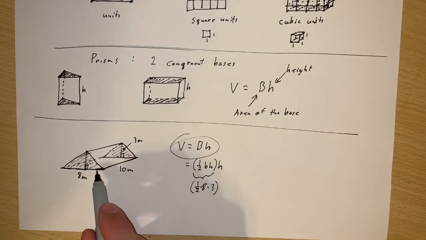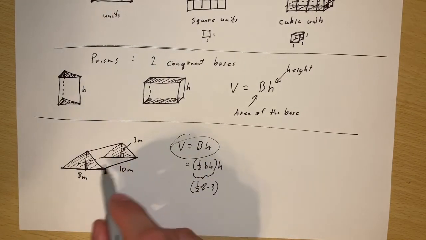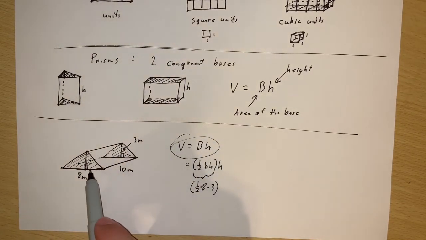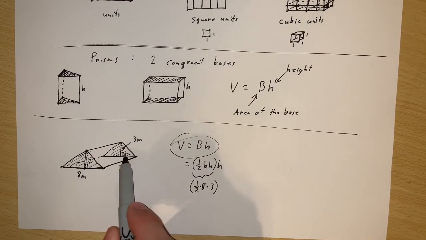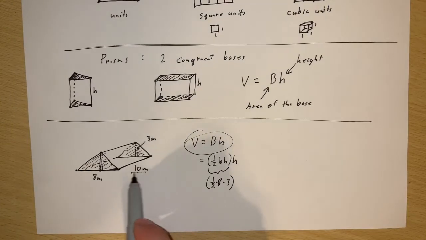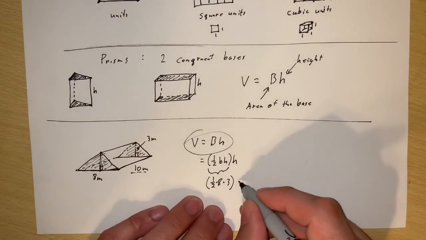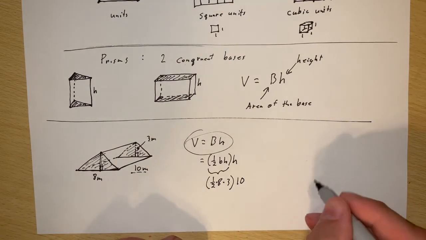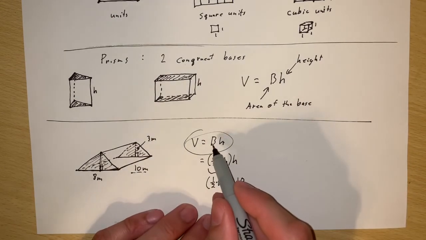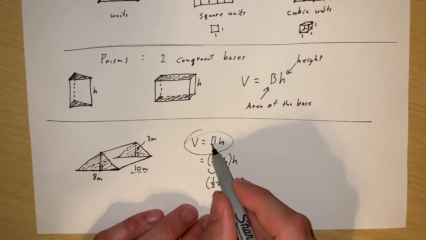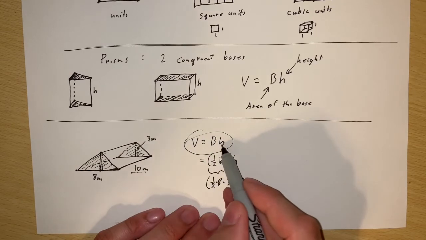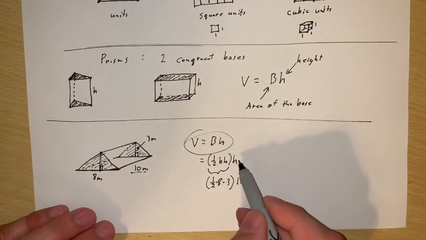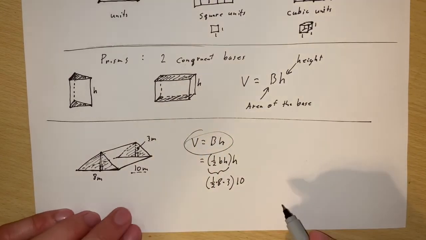So the height is really the distance between the two bases. So if I look here, the distance from this base to this base is the 10 meters. So H is going to be 10. Now remember the difference. B is the area of the base. So find the area of the base. H is the height of the figure, or you'd say the distance between the bases.